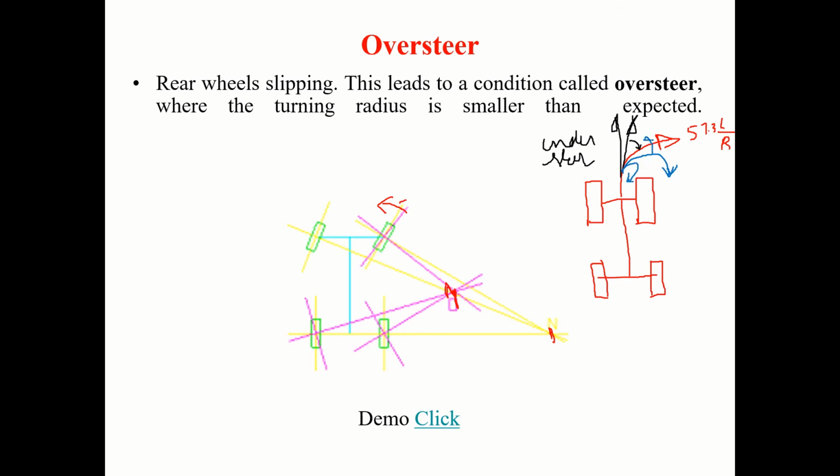You have to do it in the opposite direction. Take it backwards. So you have to counter steer in this case, or steer less than what is necessary. That's the meaning of oversteer.